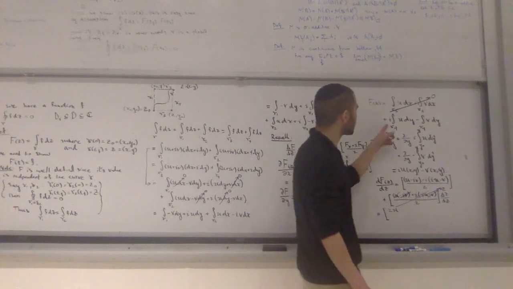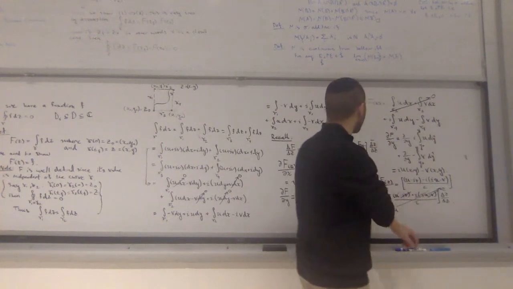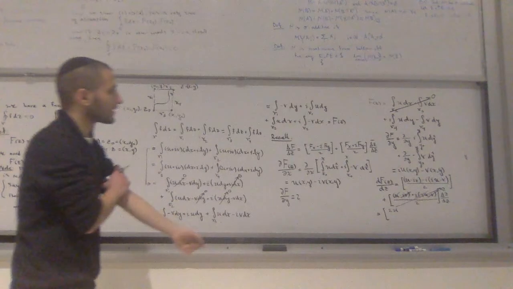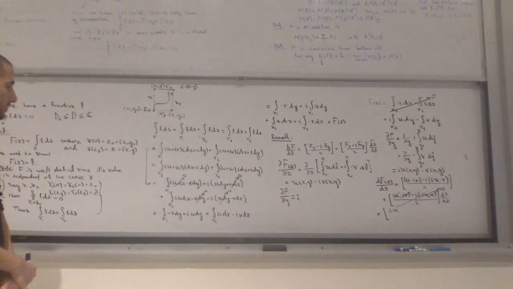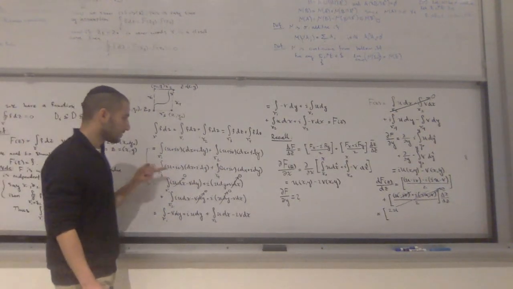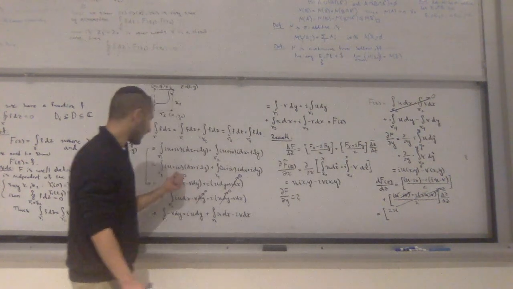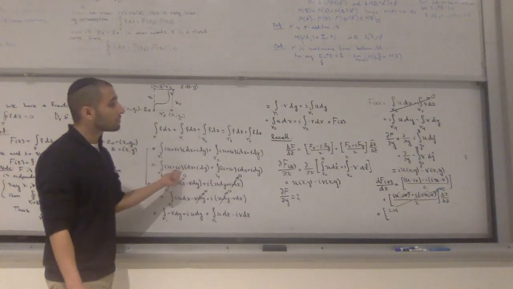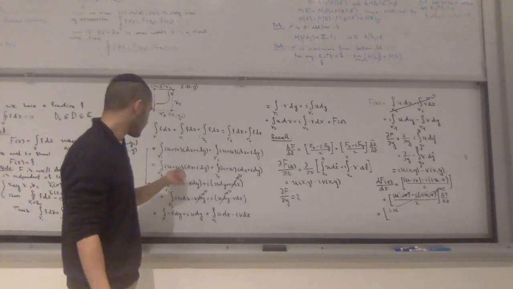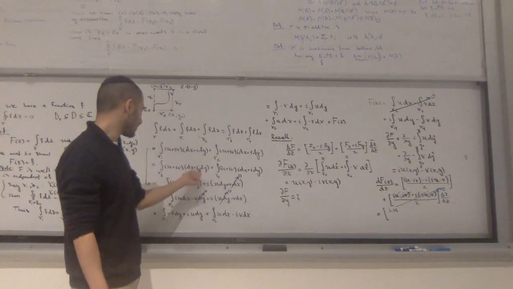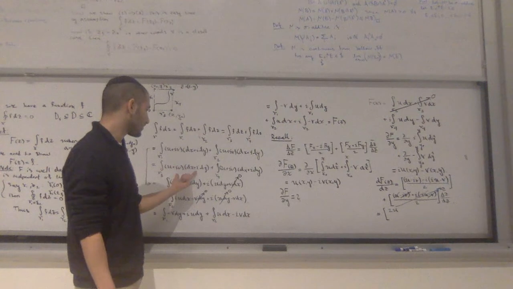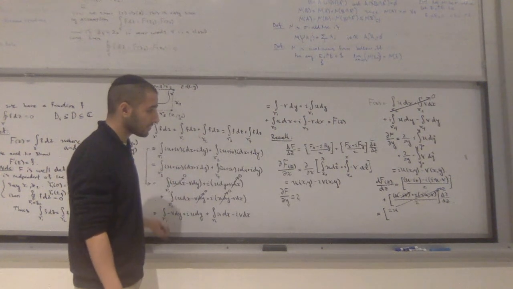This is plus minus v dy. Let's see where that came from. Well, that came from here, i times minus v dy, so i times i dy, that's the minus v dy. That's where that came from.